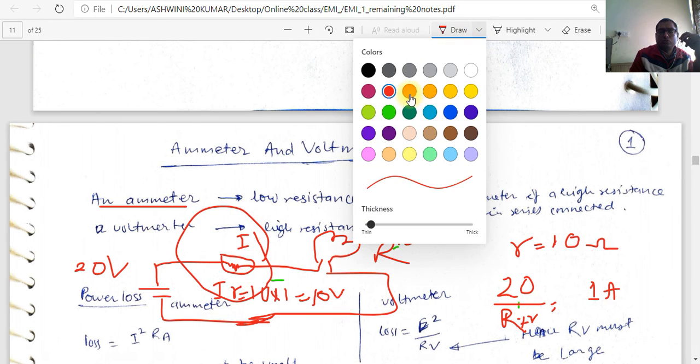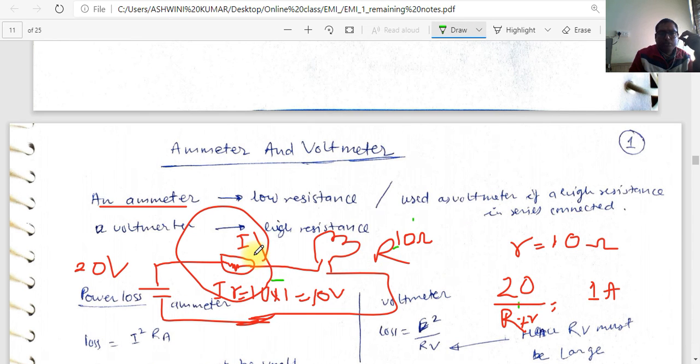So we have to worry about the voltage drop occurring in the ammeter device.